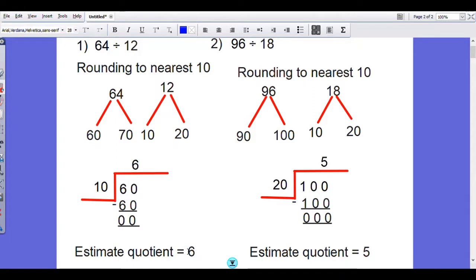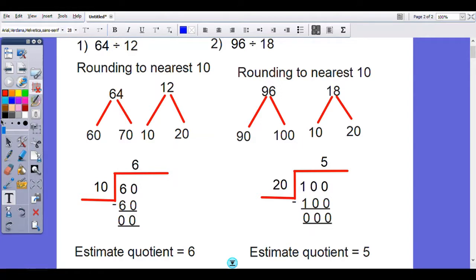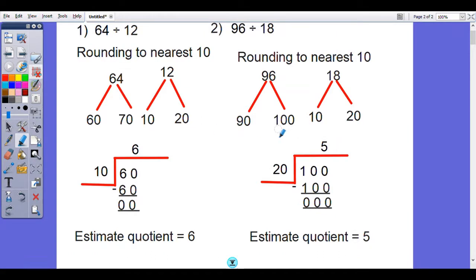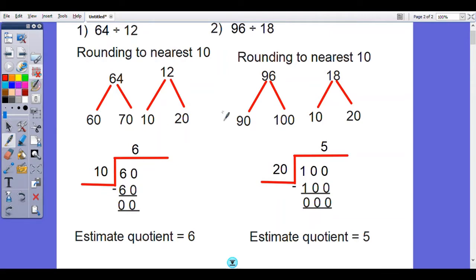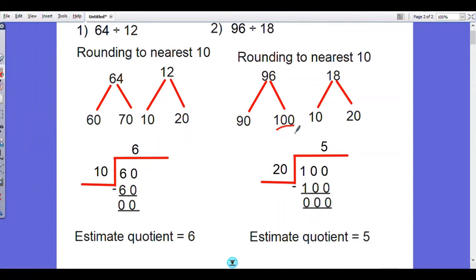Now the next question, 96 divided by 18. Again a two-digit number, that means one possibility, rounding to the nearest 10. 96 is in between 90 and 100, and it is much closer to 100.